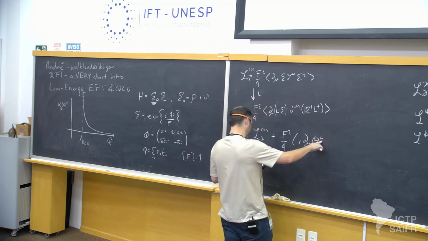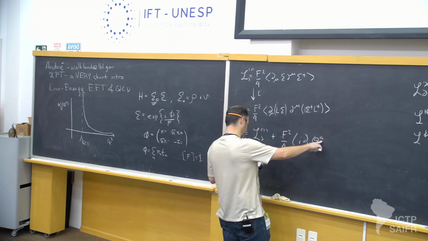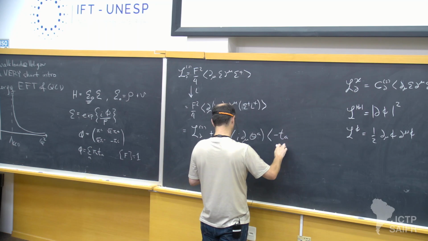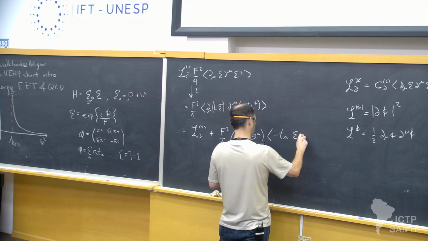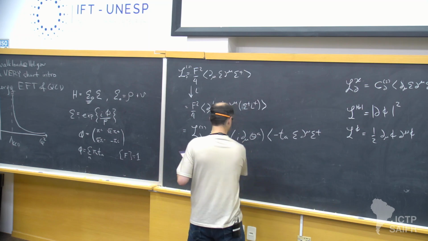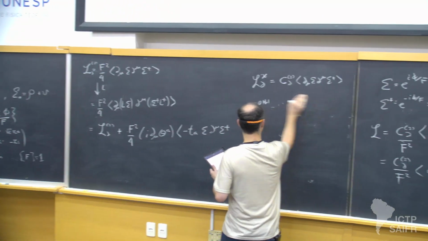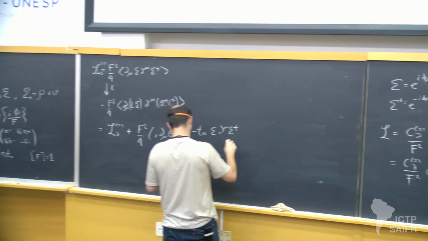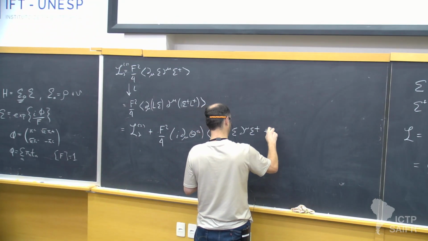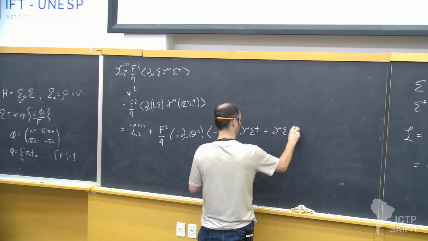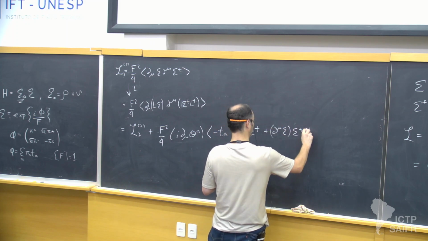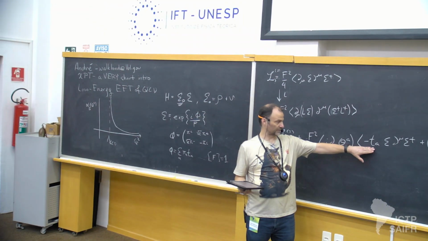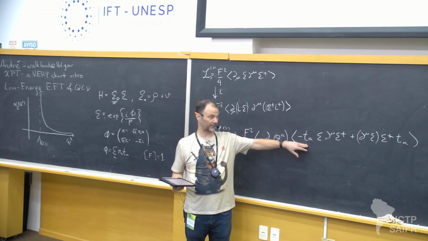Now I'm going to put an A, because I'm just going to act on one of the generators. And then I'm going to have a trace of minus a generator times sigma d mu sigma dagger, and then another term plus d mu sigma sigma dagger T. I have to keep the symmetry generator inside the trace because it's a matrix.